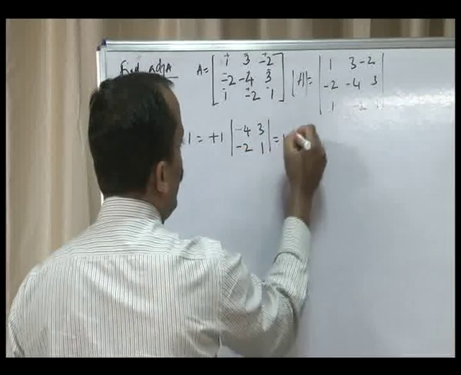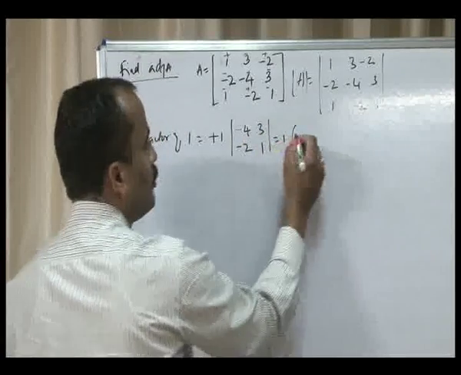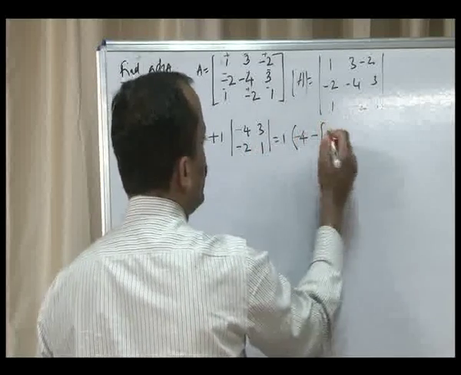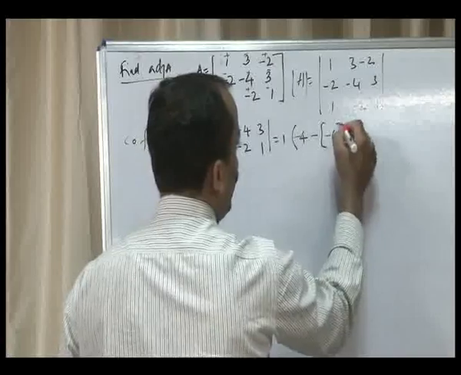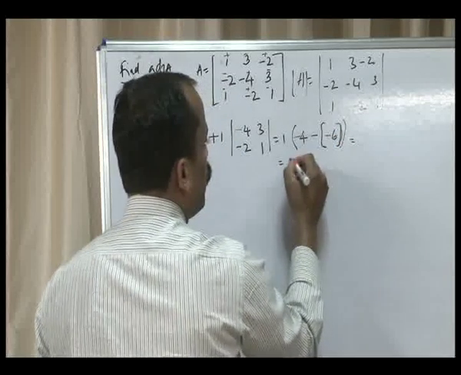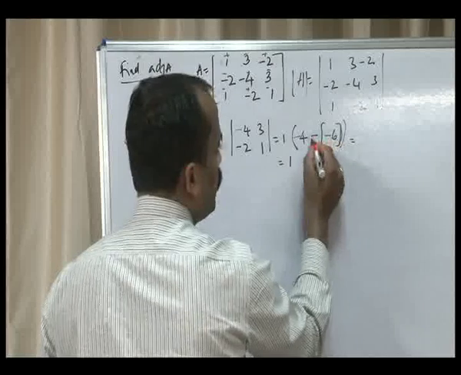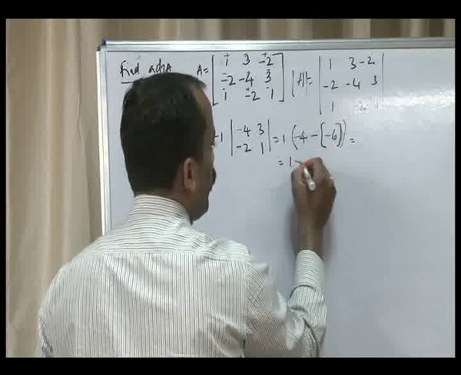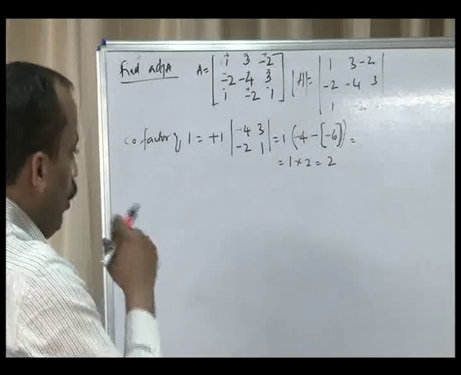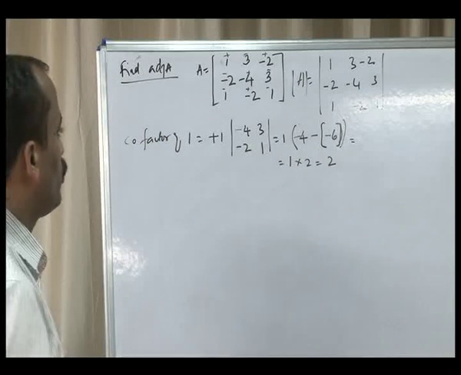That is 1 into minus 4 into 1 is minus 4, minus of minus 2 into 3 is minus 6, that is 1 into minus 4 plus 6, which is 2. So 1 into 2 is equal to 2. Now, the cofactor of the element 1 is equal to 2.